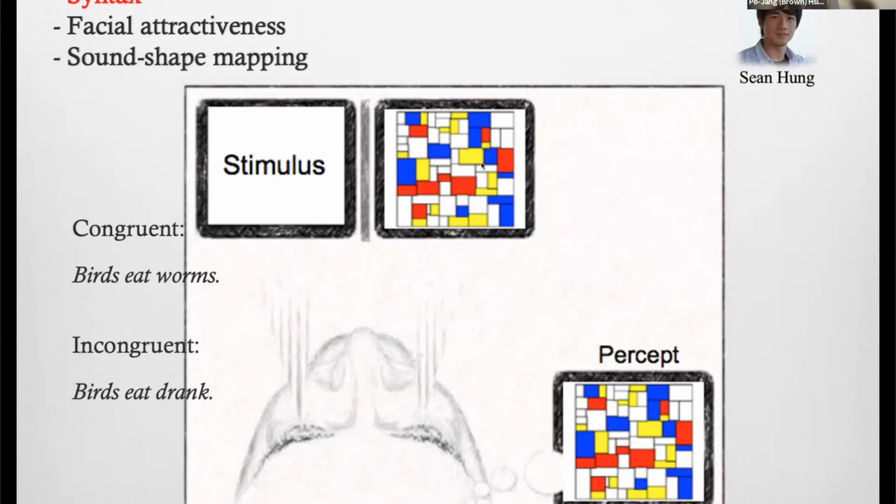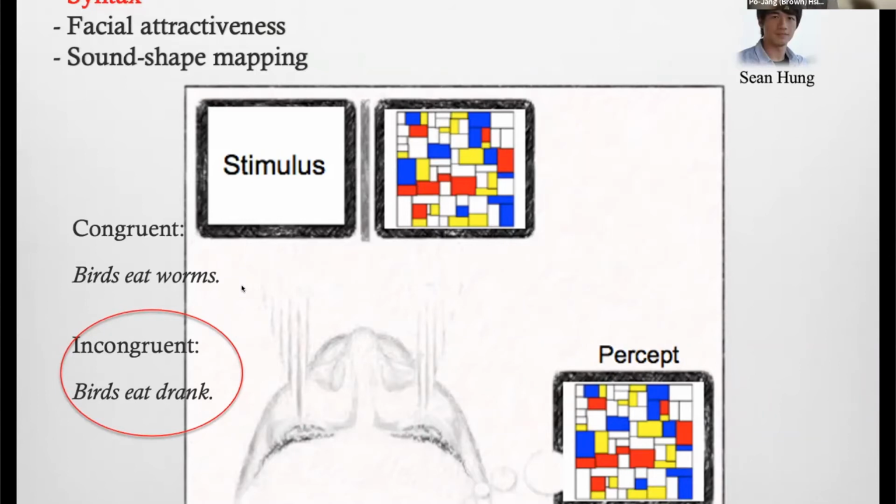And what he measured is the time it takes for people to see these sentences. And as I said before, during continuous flash suppression, although the suppression can last for many seconds and sometimes up to minutes, eventually it will start to break. And we are actually measuring the time it takes to break. And you can see that in this case, the syntactically incongruent sentence can break consciousness significantly faster than the syntactically congruent sentence.